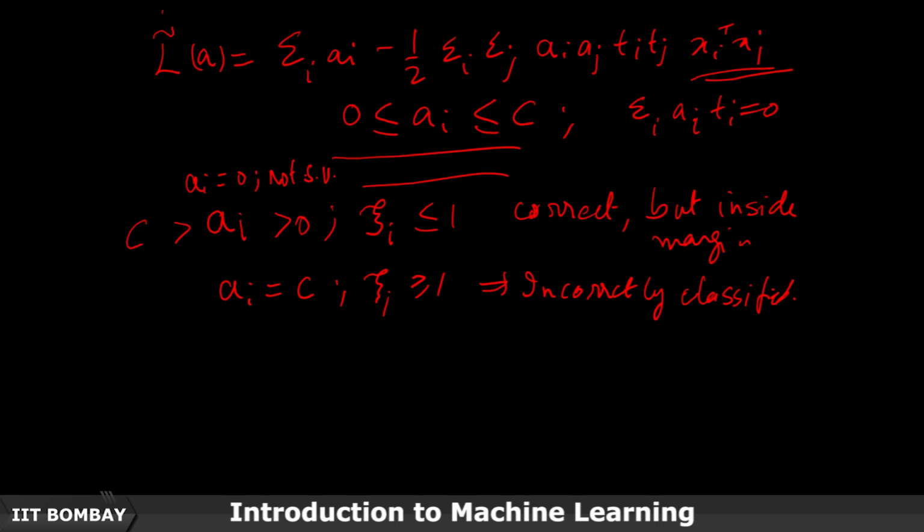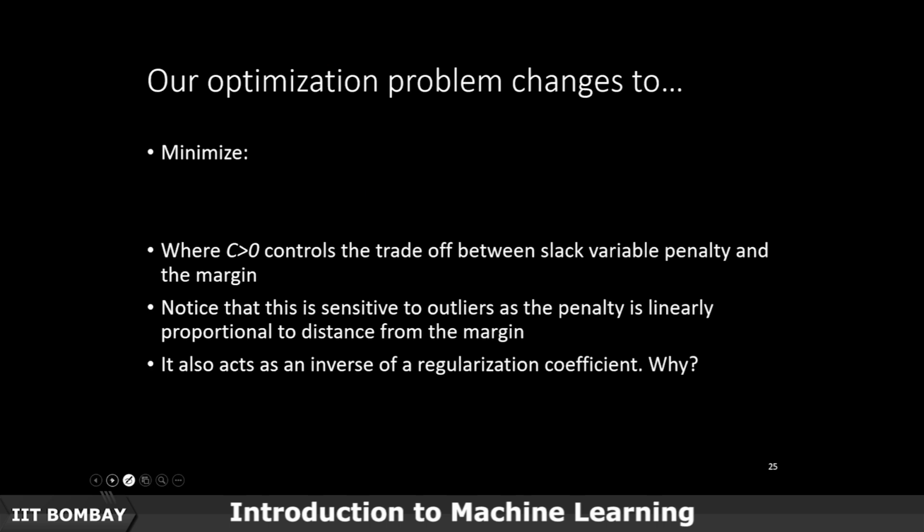Actually not all the training points, only the points that are going to be support vectors, for which ai is going to be greater than 0. So that's pretty much it about the soft SVM. The only thing that is left now is to analyze this further, and then we will talk about support vector regression.